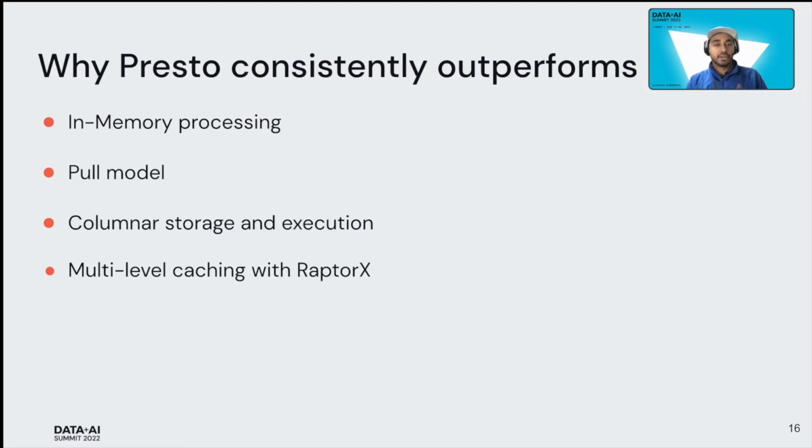So why Presto? Why is Presto fast? We often get this question. When you compare Presto with other traditional engines like Hive, we see anywhere from 10 to 15 times faster performance with Presto. And the primary reason is Presto is built as an in-memory engine. And while you can spill to disk if the data that you are processing is larger than the memory allocated, in most deployments we see users size their clusters to the amount of memory that is needed to perform those queries.